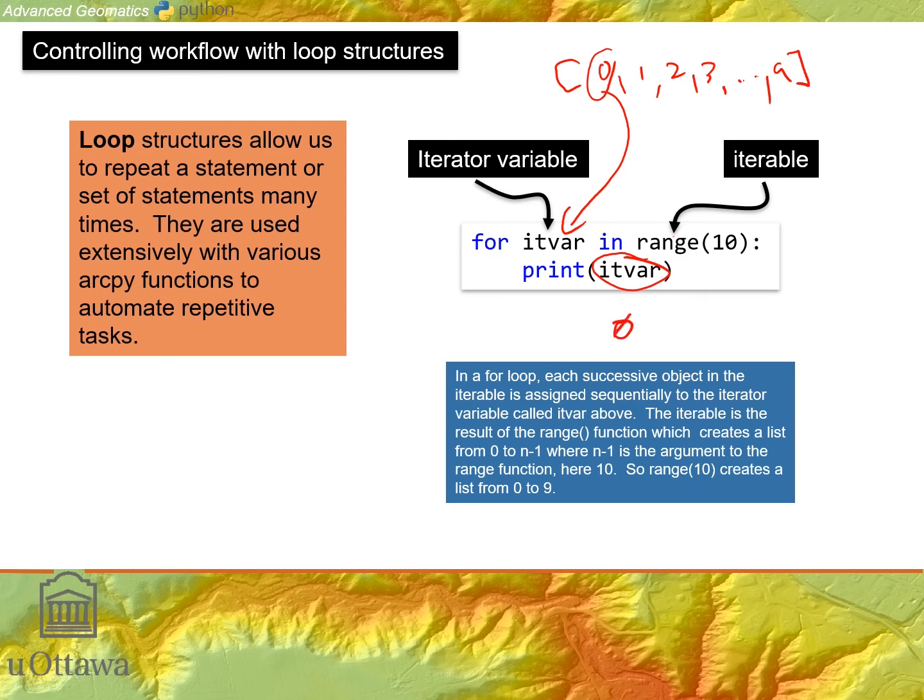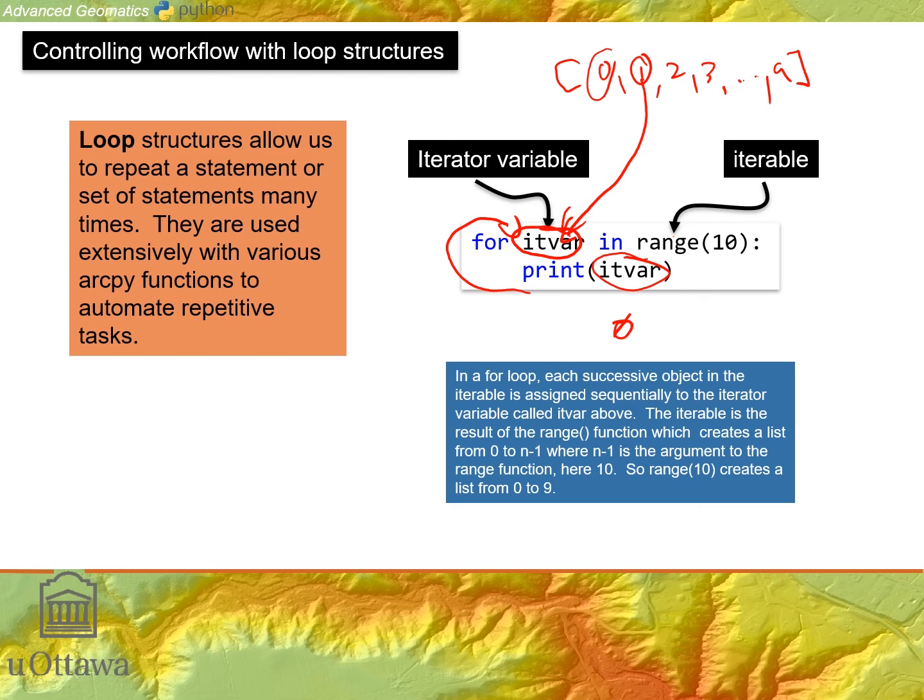And then it goes back up here again. As long as there's things still in this list, it then says, okay, what's the next one? Well, the next one in that list is 1. So it assigns 1 to the iterator variable, itvar, also called loop variable.